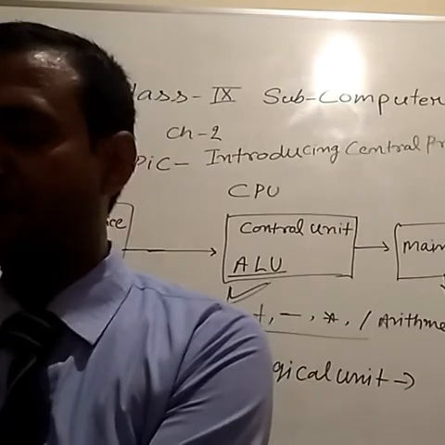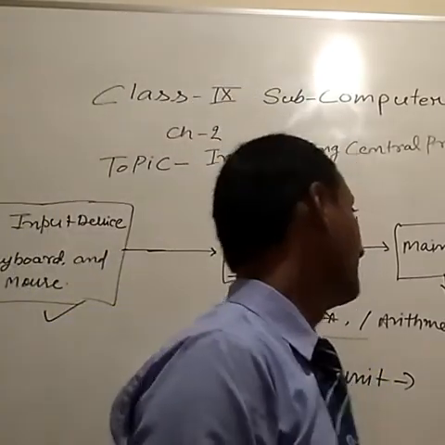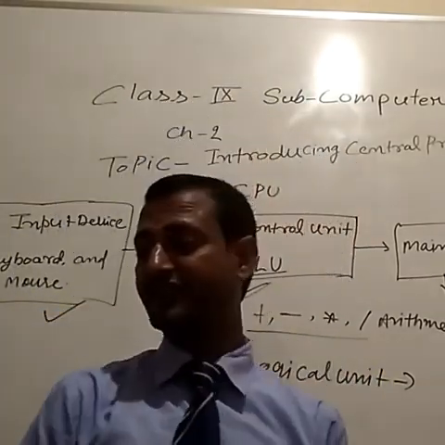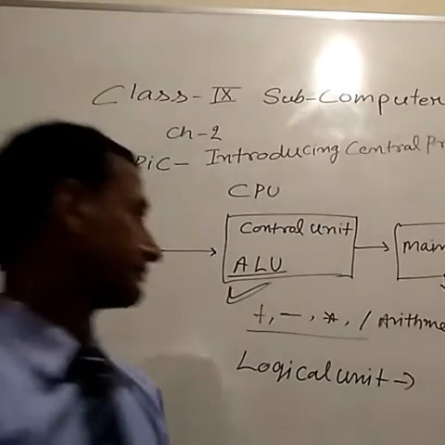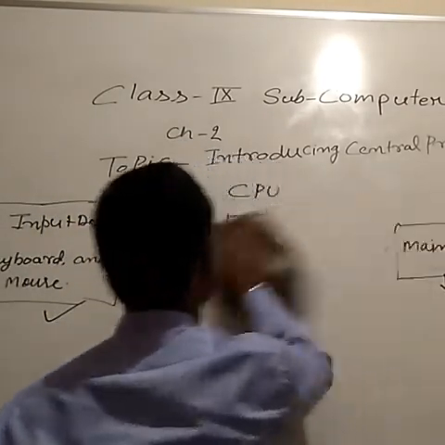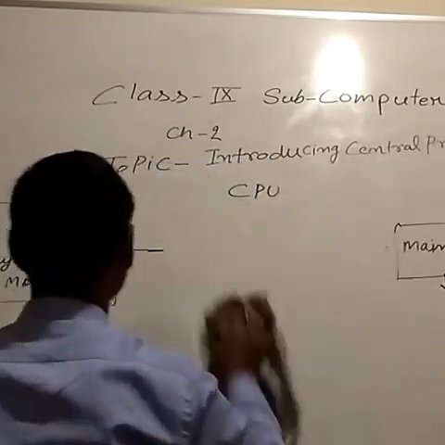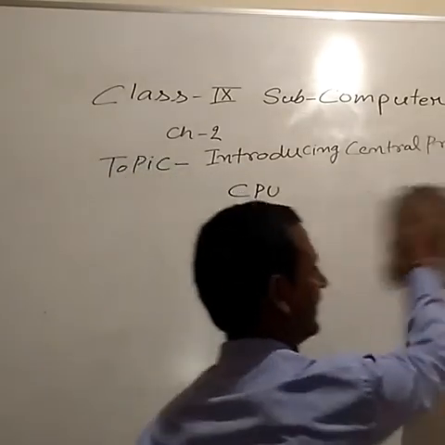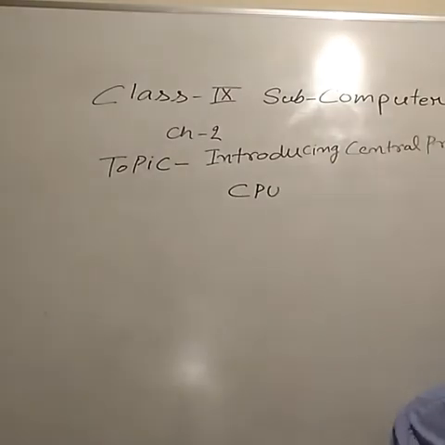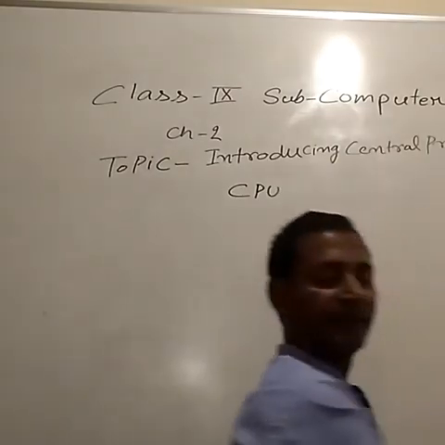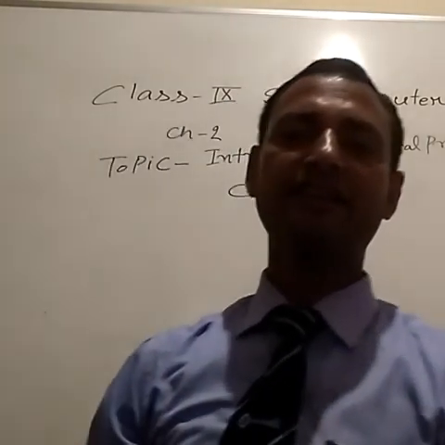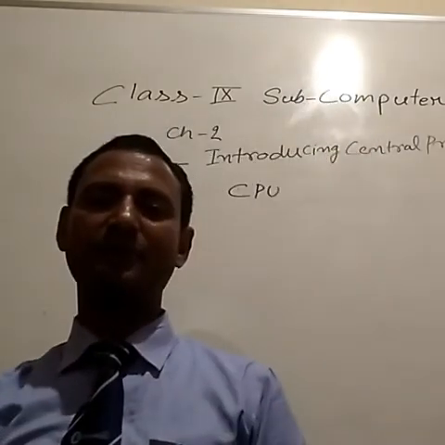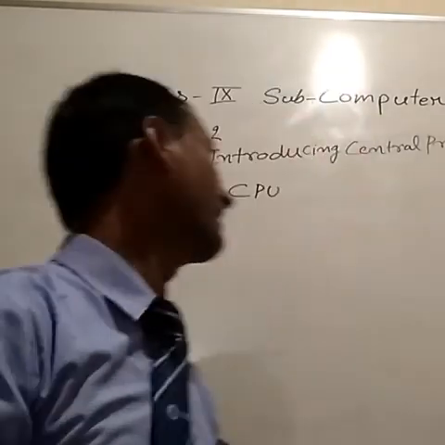Let's see some details of the monitor output devices. Output devices are generally used to show the result on the computer, and sometimes it is taken out with the help of the printer.